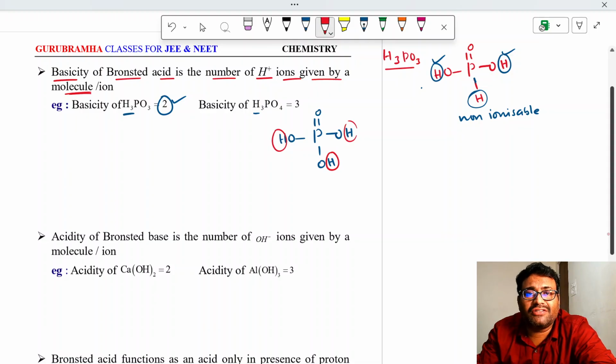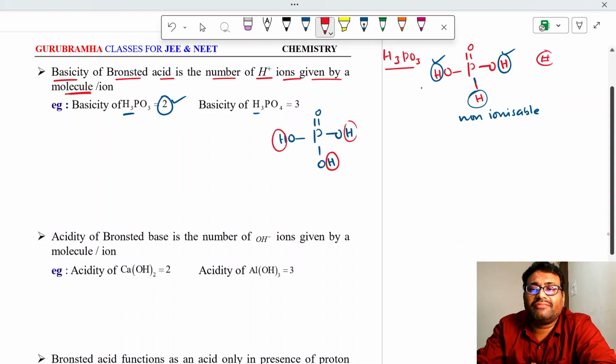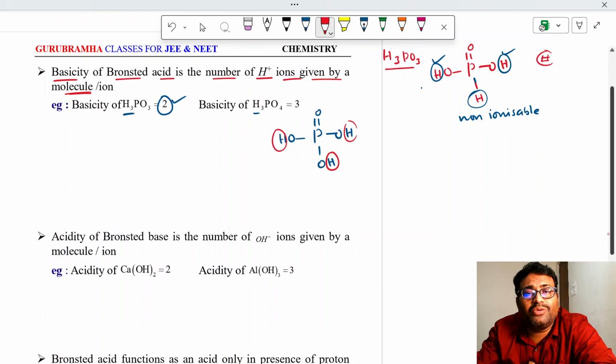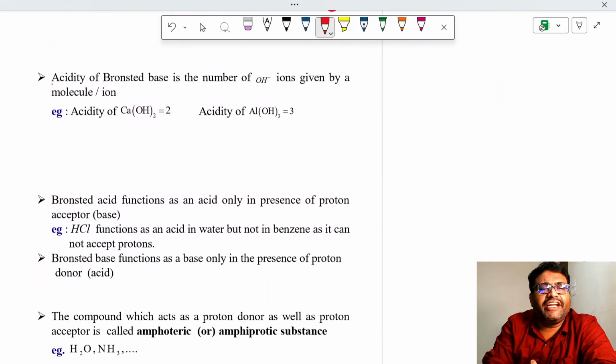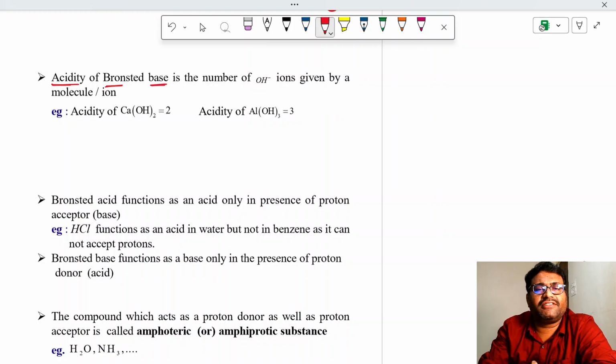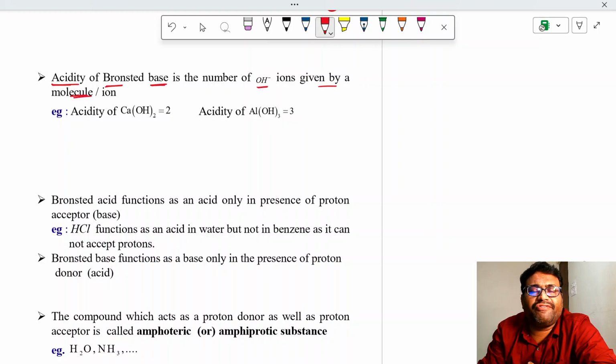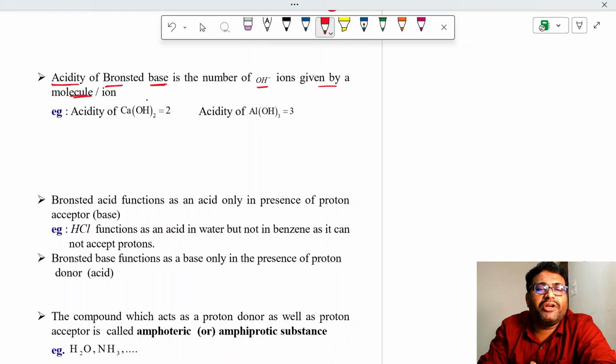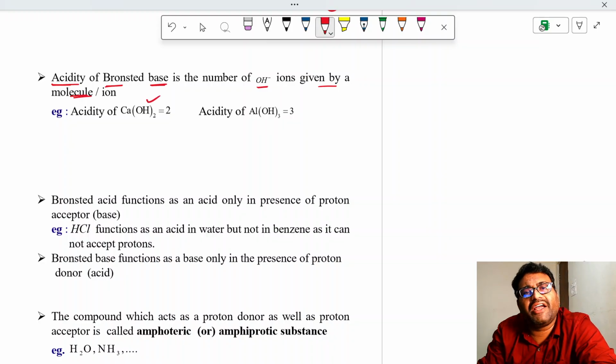Okay. Before also I discussed this. There will be protons, that means there will be hydrogens in that acid, but all the hydrogens present in the acid may or may not be ionizable. Here is the best example. There are 3 hydrogens, but only 2 are ionizable, 1 is non-ionizable, right? So the acidity of a Bronsted base is the number of OH minus given by a molecule. In most cases, bases, how many OH are present, all those will be ionizable.